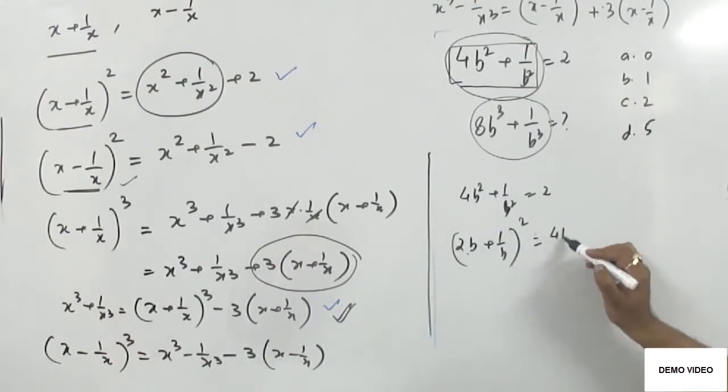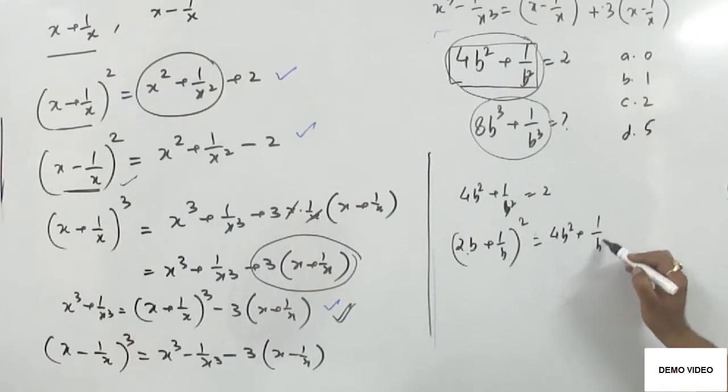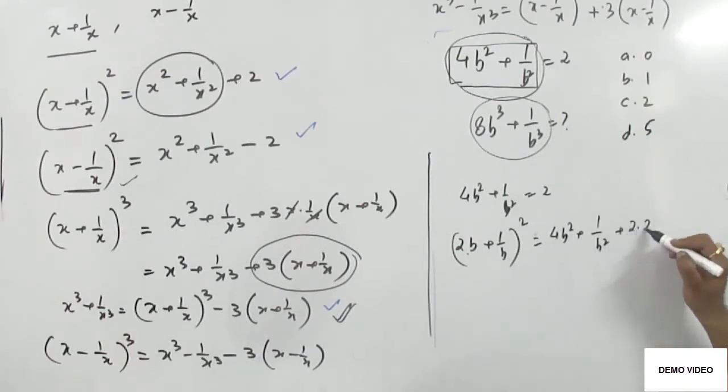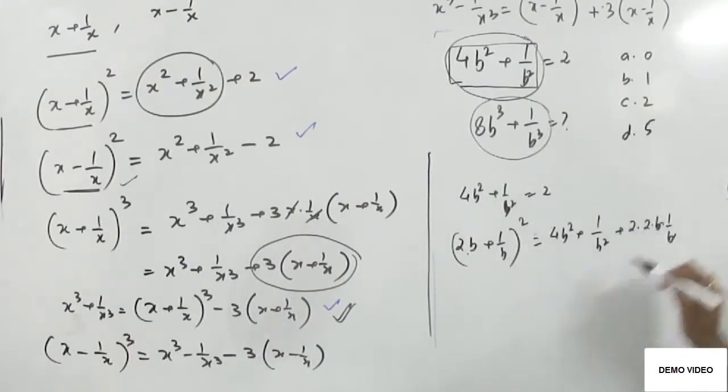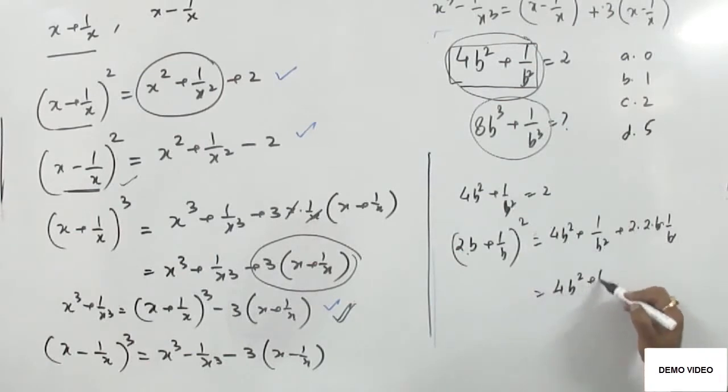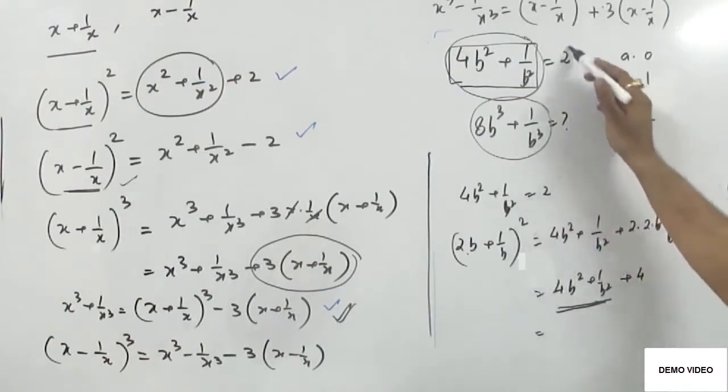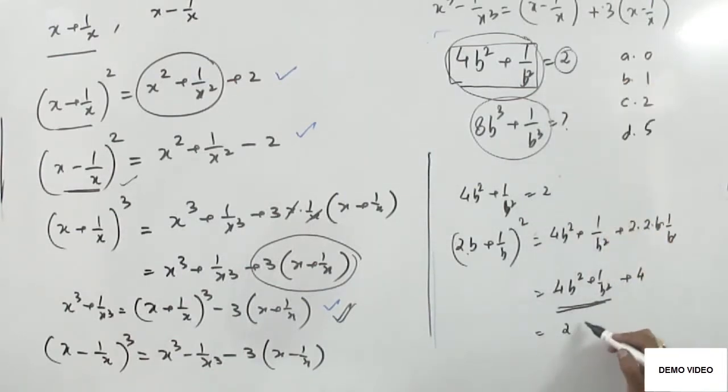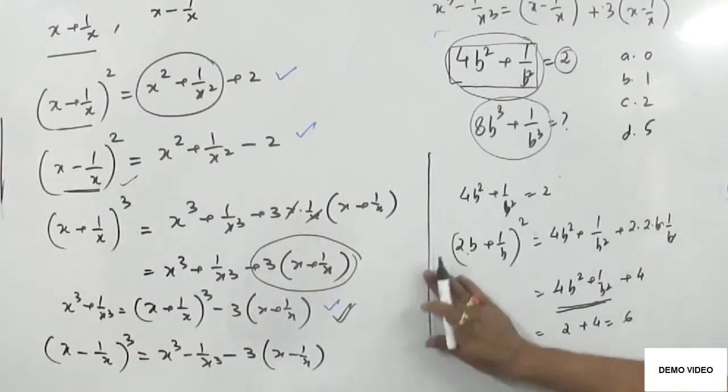Okay. Now, as you notice this formula, I am going to rub it. Now, we have to calculate the value of 8b cube, so we will cube this side. We have calculated 2b plus 1 upon b as root 6. Cube both sides. It would be root 6 cube.